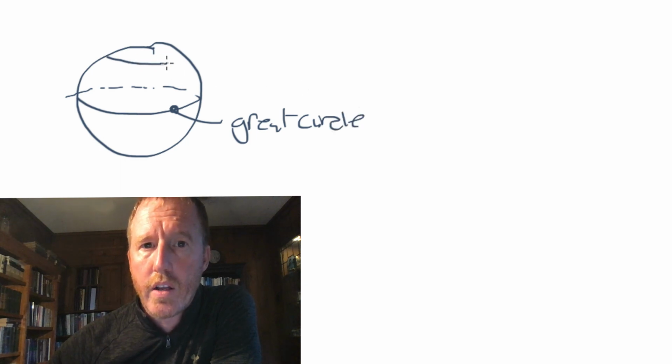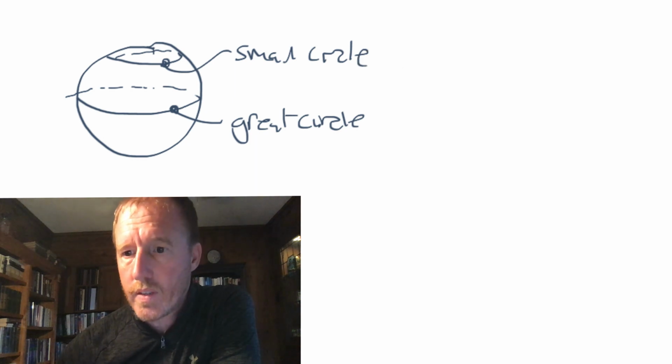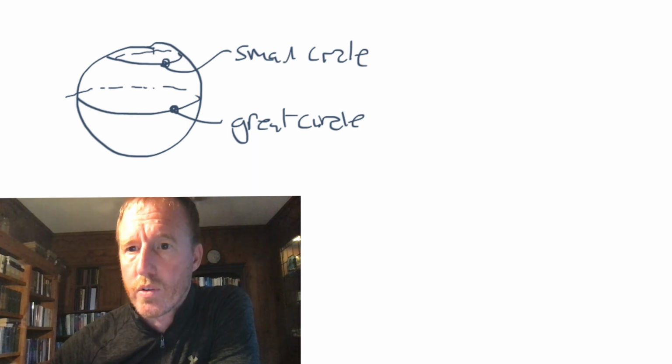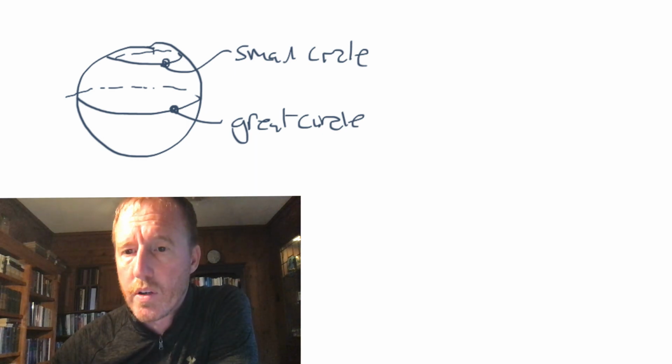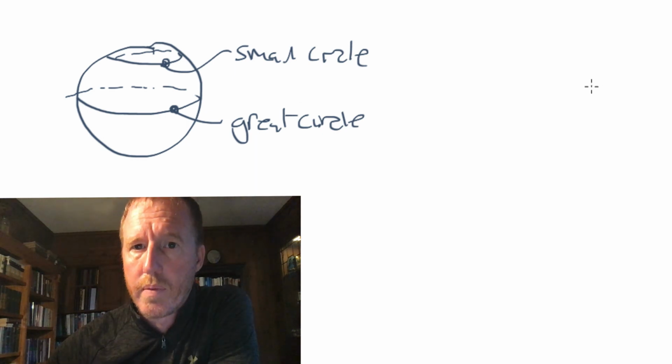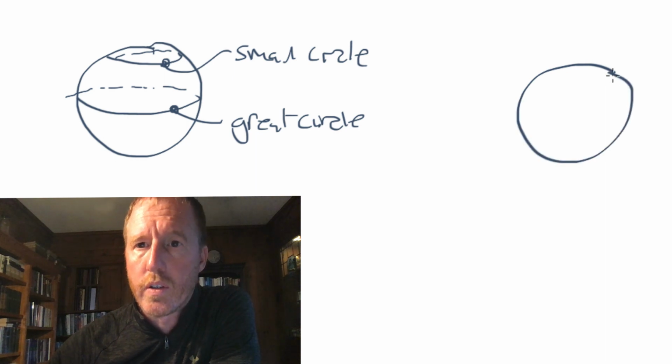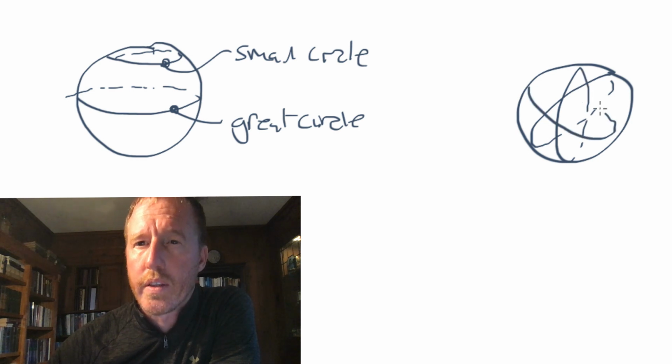On the other hand, if you draw a circle such that it does not divide the sphere in half, well, that would be a small circle. Now, of course, there are an infinite number of great circles and an infinite number of small circles, because we can draw a great circle like this, or like this, or like this.